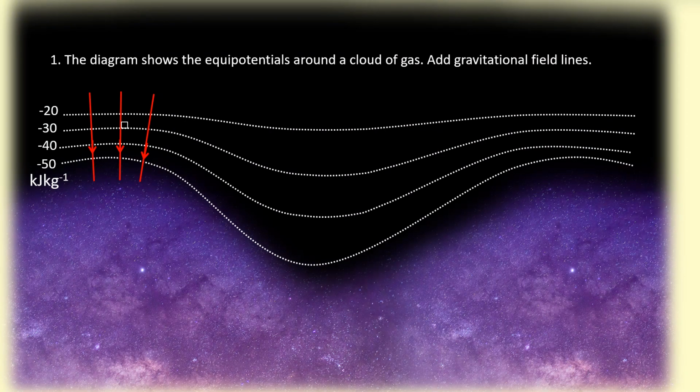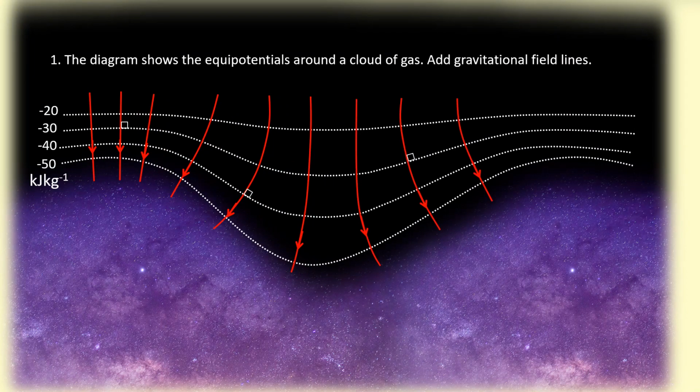And I need to also ensure that every equipotential is at 90 degrees to the field line that I draw at those points. On this side, it's again the same thing, but it now is pointing towards the right, ensuring it's at 90 degrees. And then it's going to get stronger again as the equipotentials get closer, 90 degrees, pointing in the direction of the more negative potential.